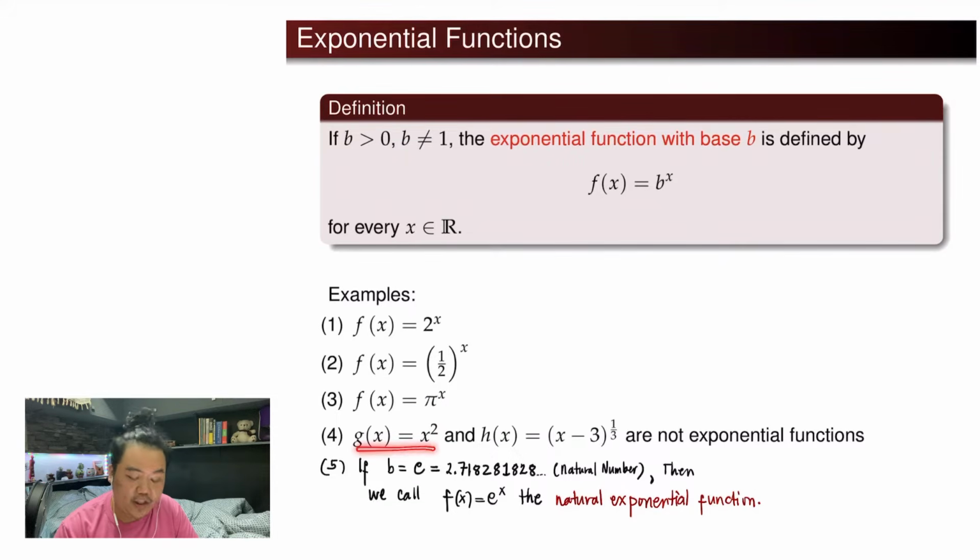For number 4, g of x equal to x squared, that is not an exponential function because it is a polynomial function. In particular, it is a quadratic function because it is a polynomial of degree 2. And h of x equal to x minus 3 raised to 1/3, that is also not an exponential function because it is a radical function. Cube root ng x minus 3, right?